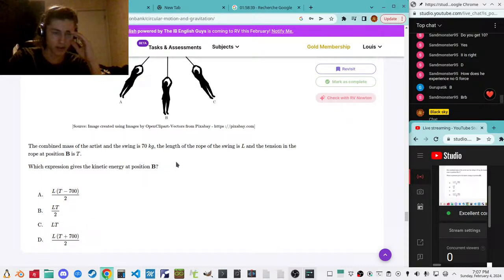Right, you know the tension, yeah, tension minus 700 will give you a centripetal force. So we have centripetal force. Do we have R? Oh, R is L. And mass is 700. Oh, and mass cancels from mv squared. So yeah, it does work.